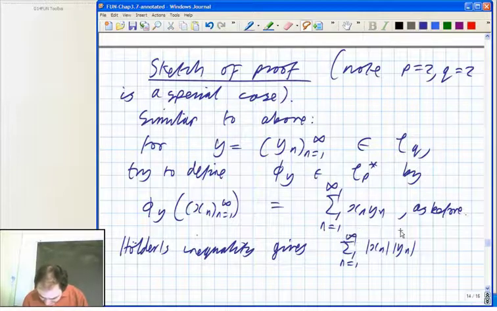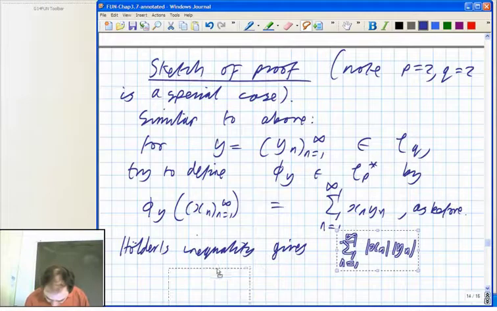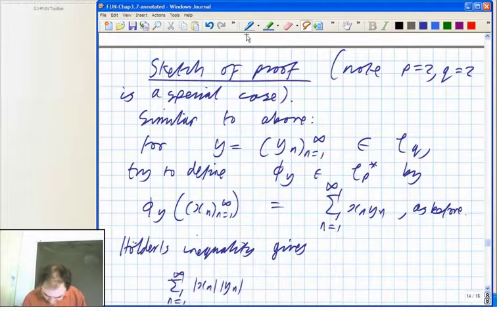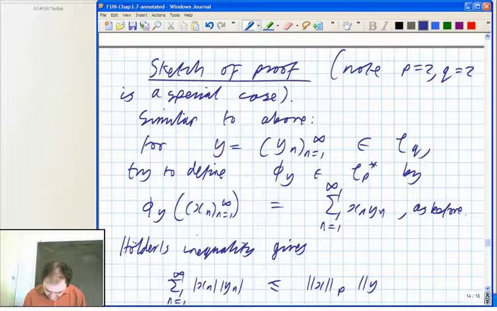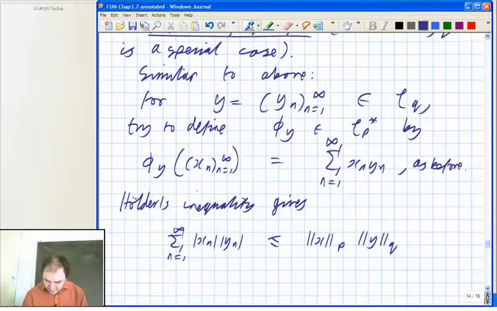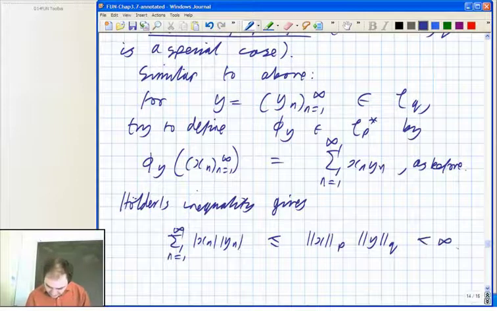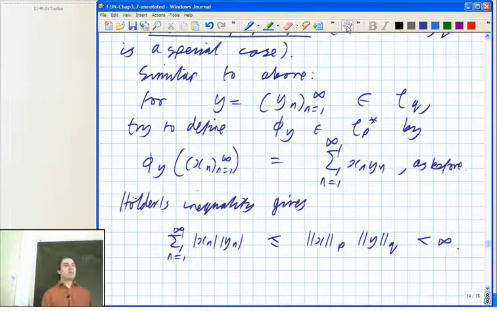It's finite, which in particular is finite. So this does make sense.